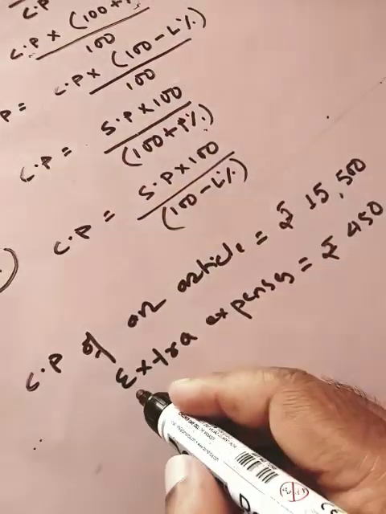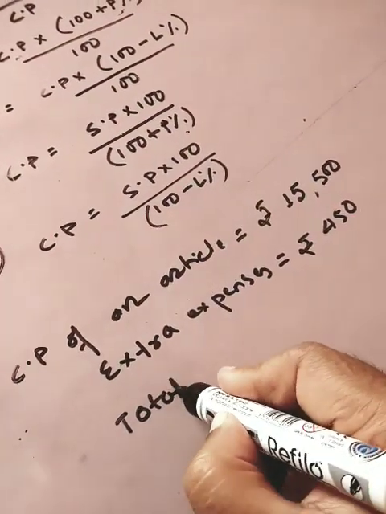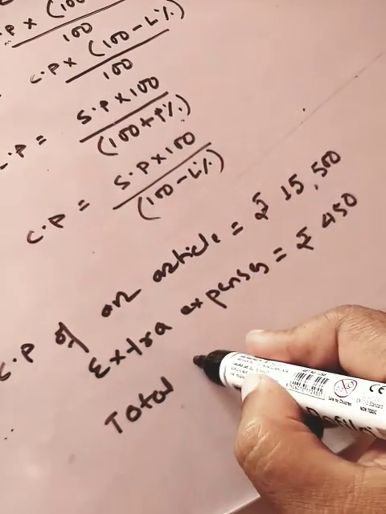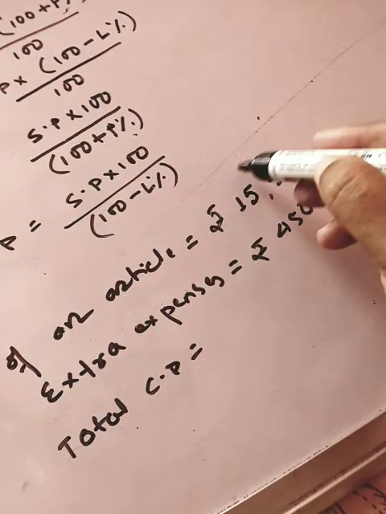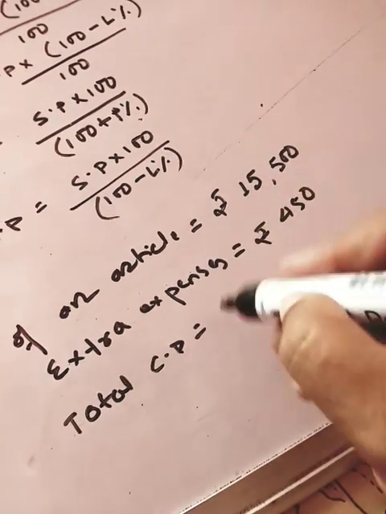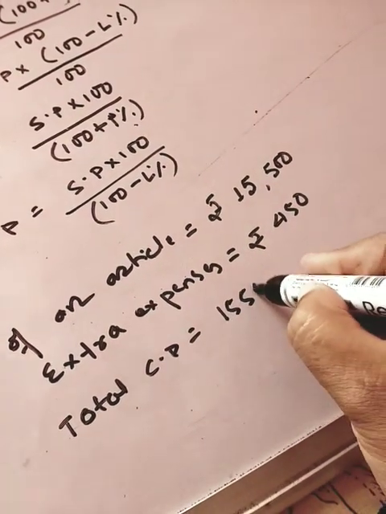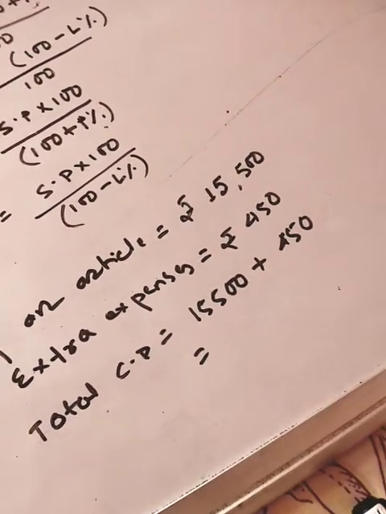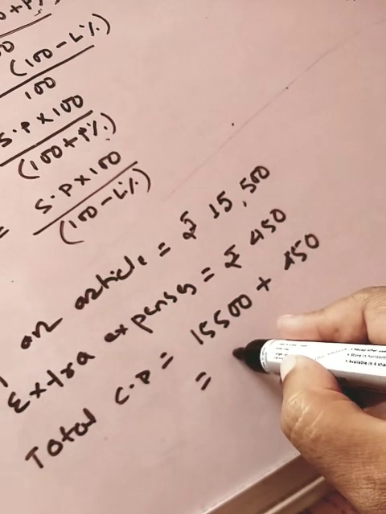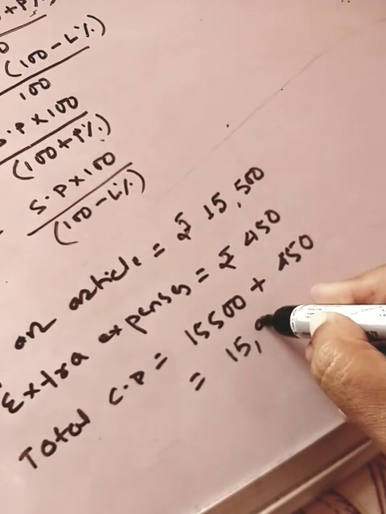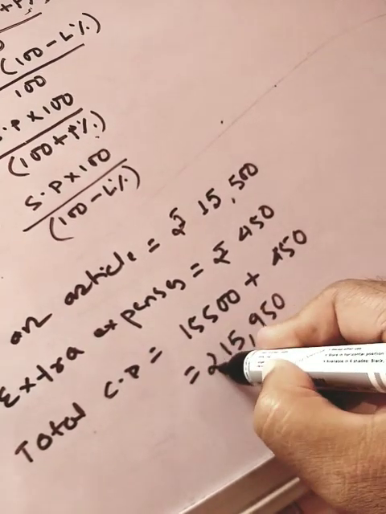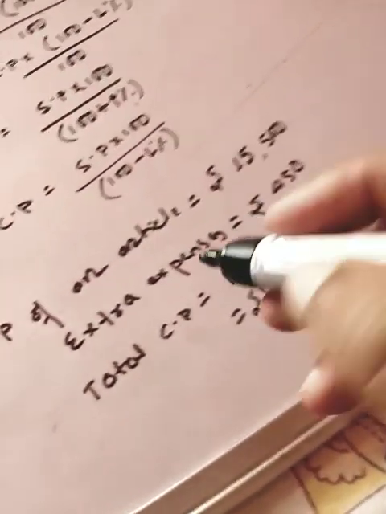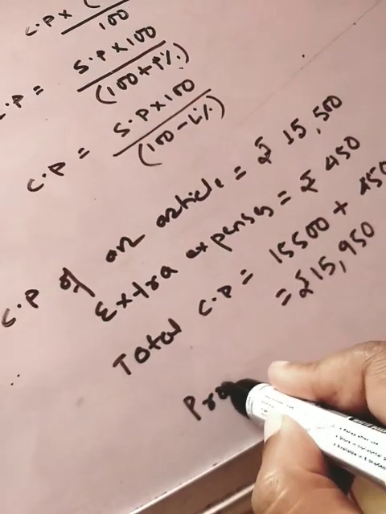So the total cost price will be what? What is the total money that a person has spent on the article? The total cost price would be the base price and the repair price, that is 15,500 and the repair price. So how much did it cost him? It cost him 15,950 rupees.